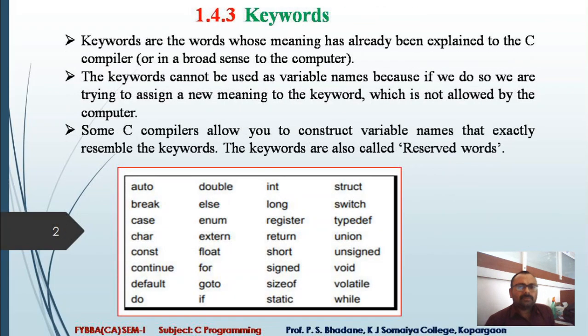Next, keywords. Keywords are the words whose meaning has already been explained to the C compiler. In a broad sense, keywords are standard identifiers that have standard predefined meanings in C. It is strongly recommended that keywords should be in lowercase letters.